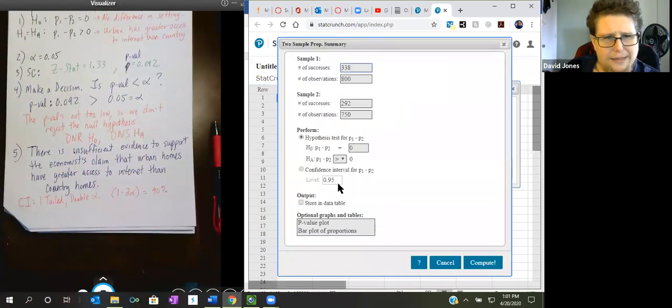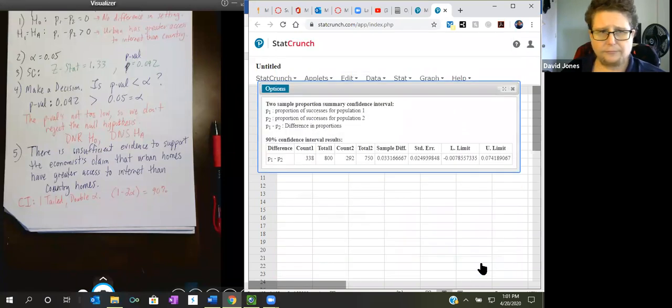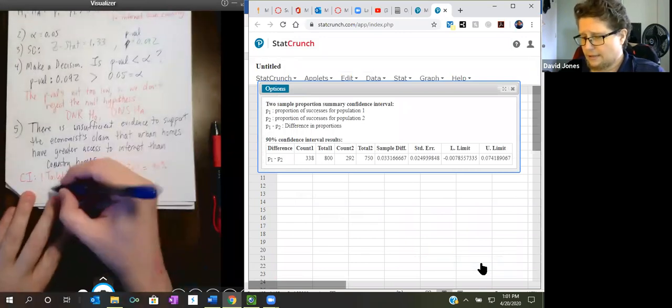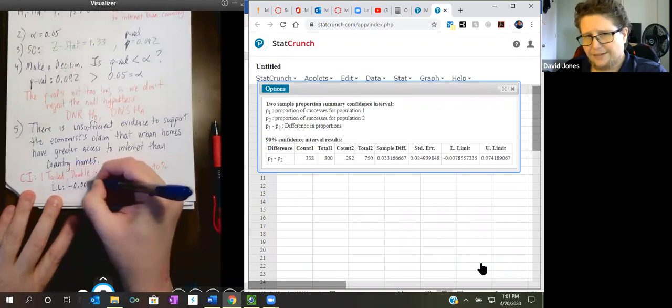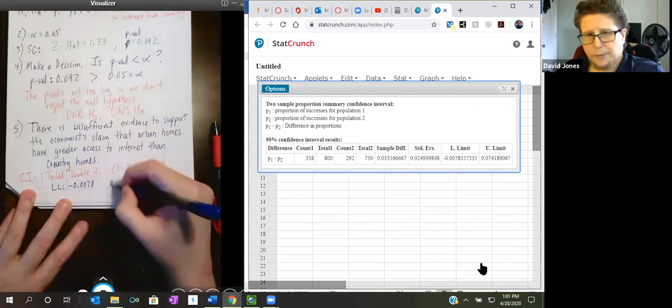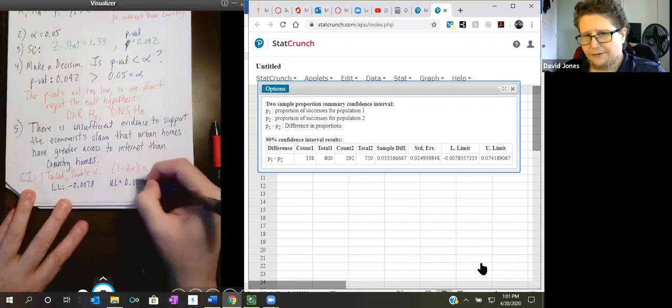So I'm just going to edit this. I'm going to change this confidence interval to 90%. My lower limit, negative 0.0078. Upper limit is 0.0742.